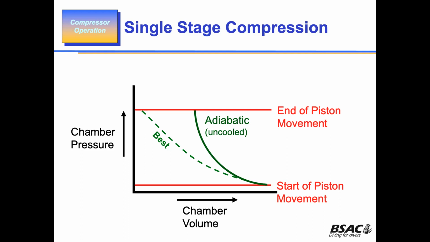I think that area is the energy used to compress that gas. Now, the other form of compression is isothermal, which is cooled compression. That means you keep the gas temperature constant and you get straightforward Boyle's law.